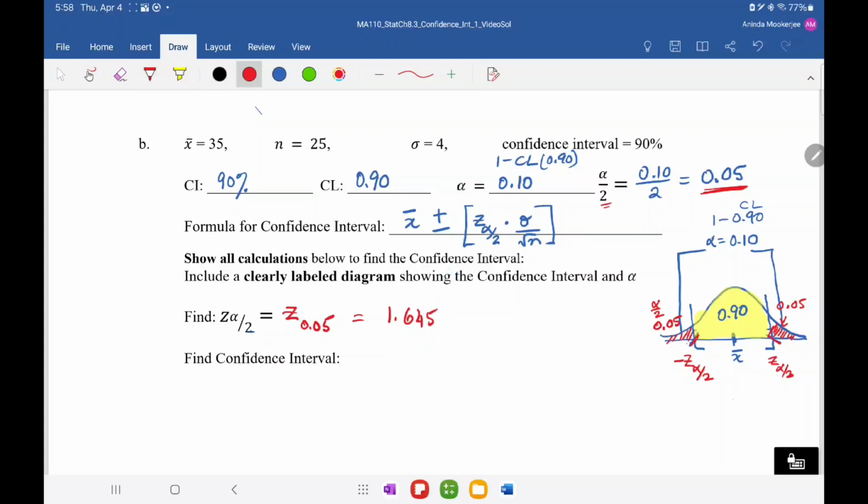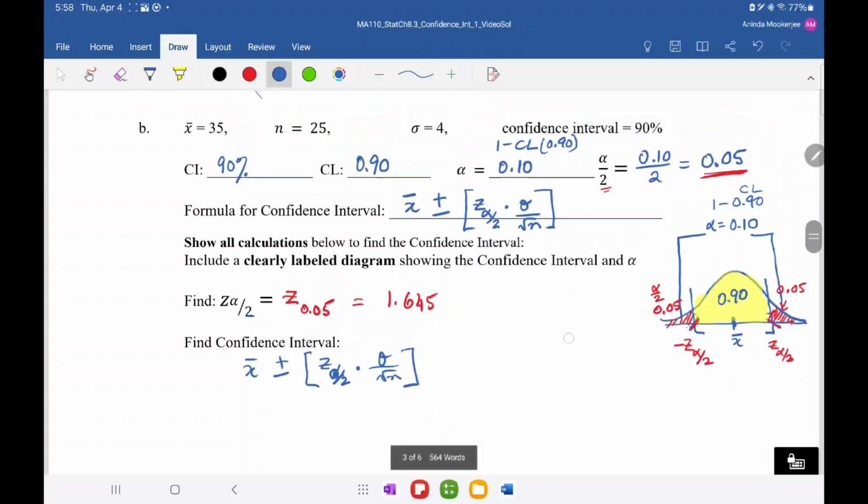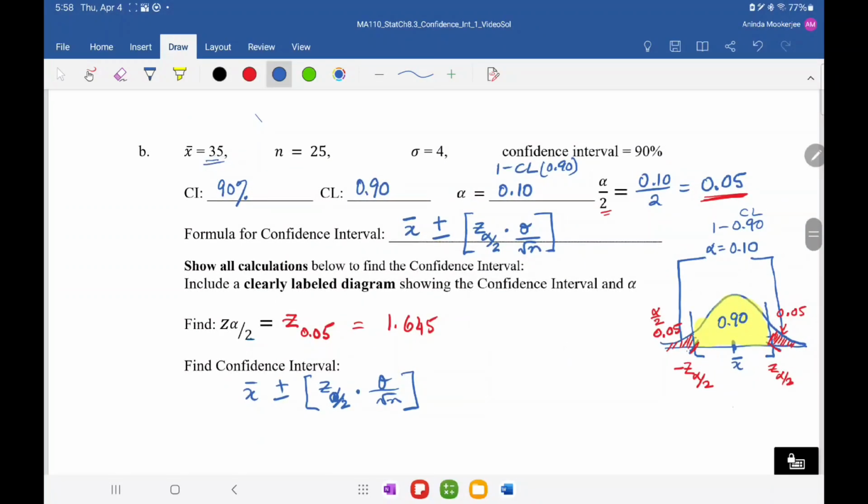So let's find the confidence interval now. Again, have the formula in front of you one more time. So x bar plus minus z of alpha by 2, and then times sigma over square root over n. Correct? So x bar given to us was 35. That's the sample mean.